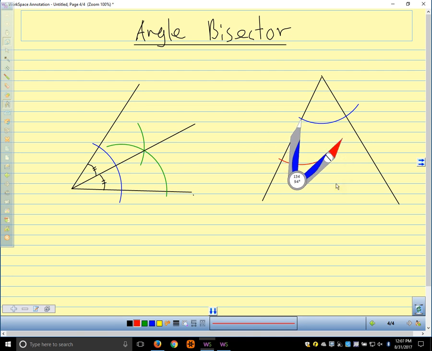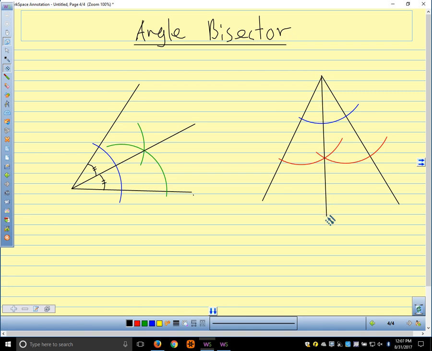Make an arc. Move the compass to the other side where the arc crosses the ray. Make an arc. Those two should cross in the middle of the angle. Connect the vertex to that point where they cross. And I've bisected that angle.